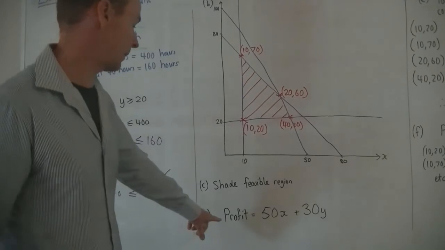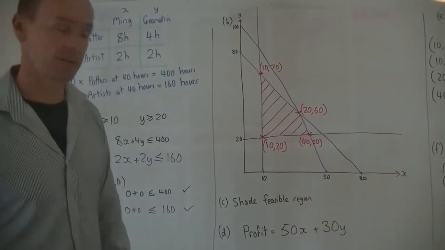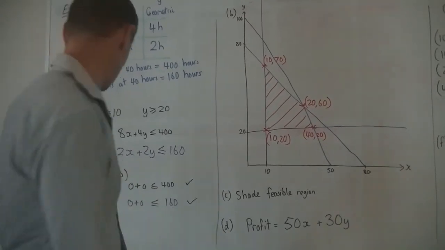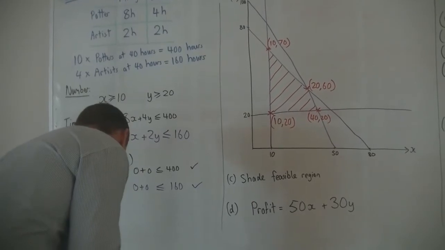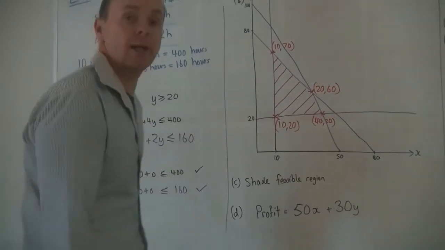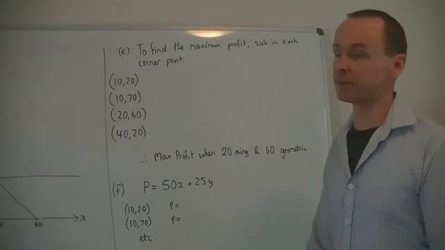So there's our objective function, which is profit. And obviously you want to maximize the profit. So there's our equation. So in the next part, it says, determine the number of each type of vase that should be produced in a week to result in the maximum profit.